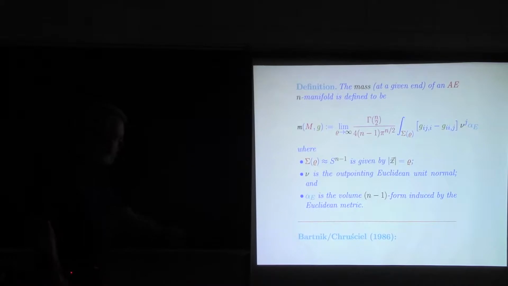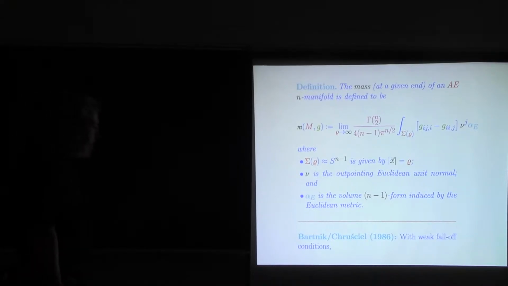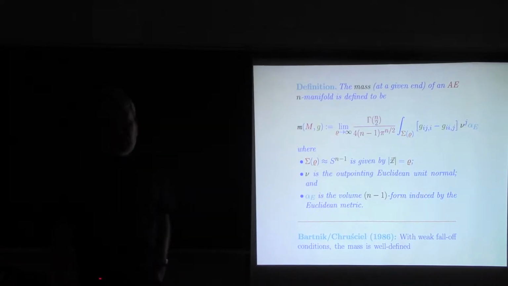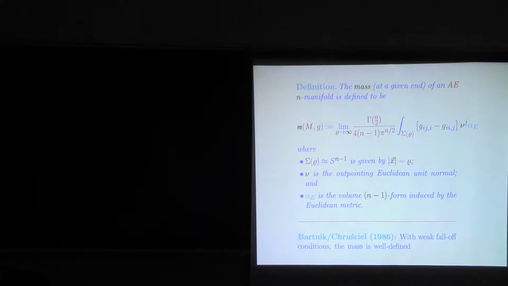However, independently, Robert Bartnik and Piotr Chruściel proved in 1986 that with the kind of weak fall-off conditions that I've imposed, this notion of mass is actually independent of the choice of coordinates. And so, can you center the sphere anywhere in this definition? Well, yeah, it turns out that it is invariant.